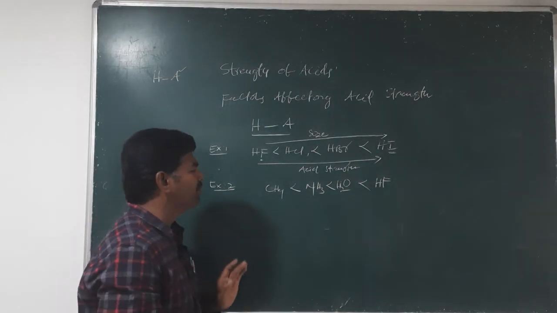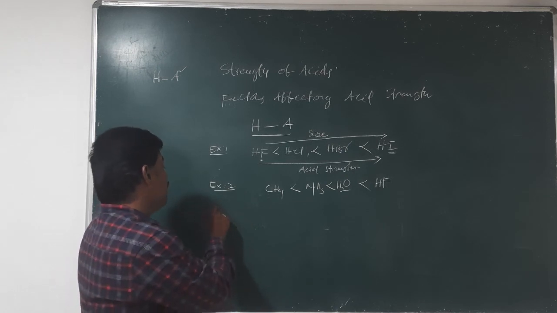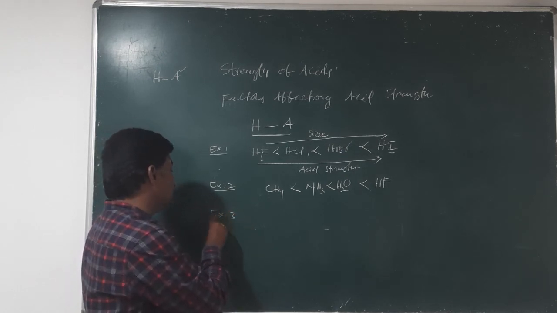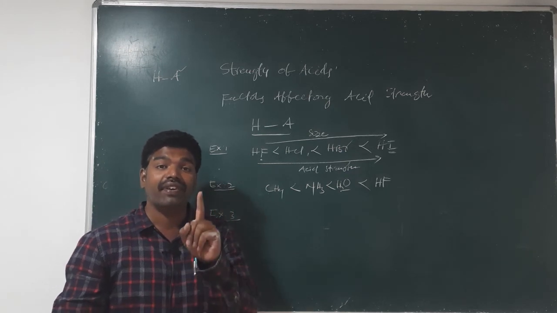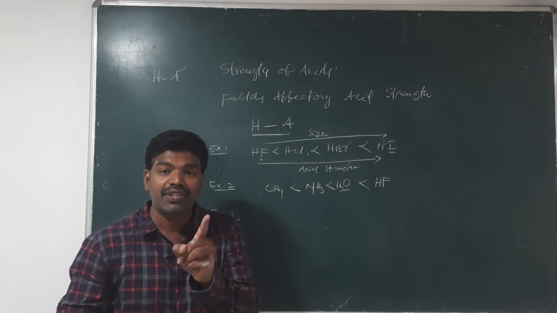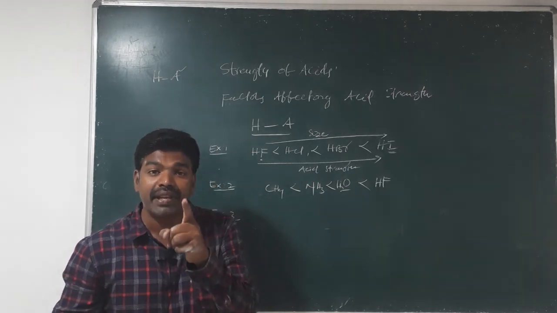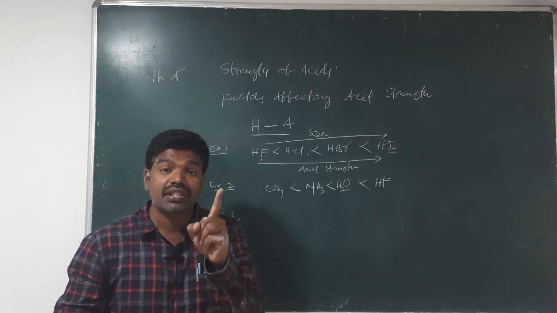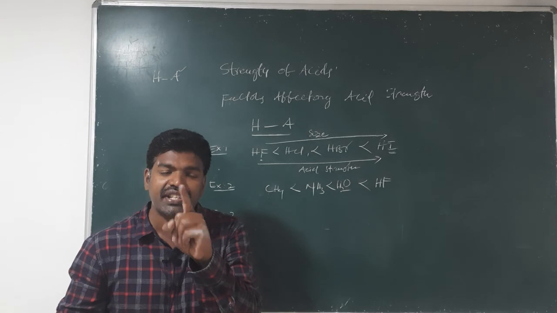Another example, example 3: when we are comparing the elements of different groups and different periods, then the strength of the bond decides the acidic strength.